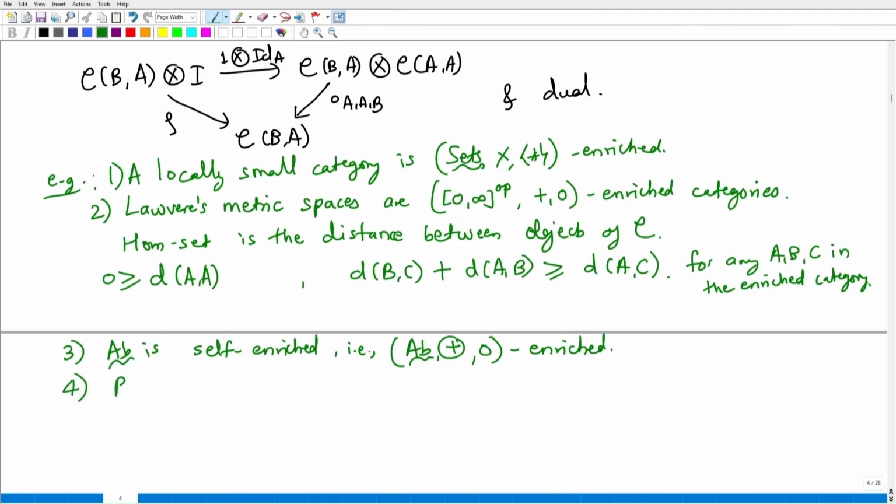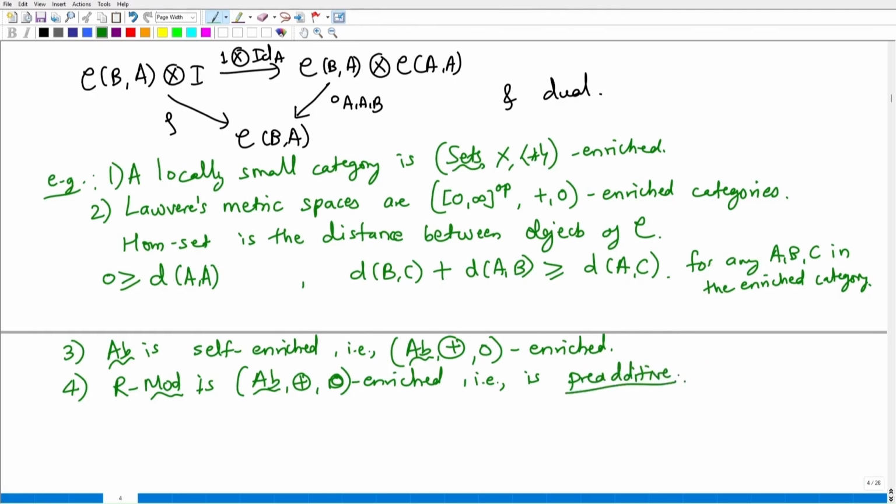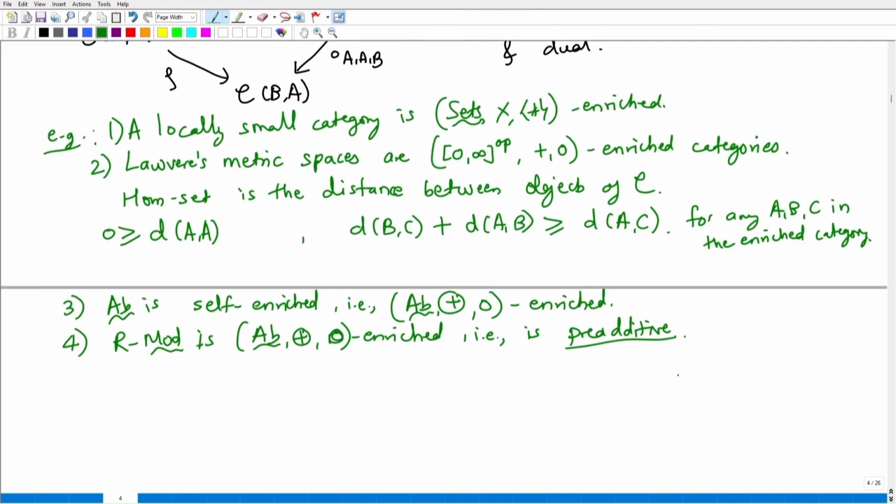Similarly, the category of R-modules is, sorry, not self-enriched, I want to say, is Ab-enriched. Such categories are called pre-additive categories. So pre-additive categories, additive categories, abelian categories, yeah, that's going to be our next lecture.